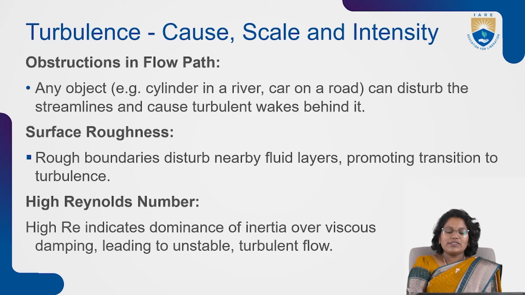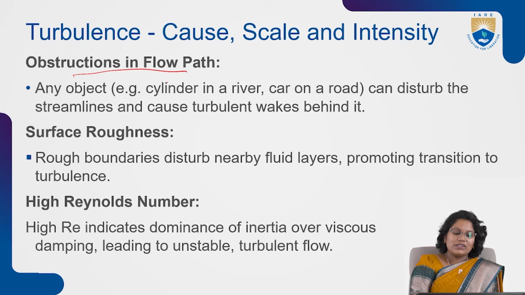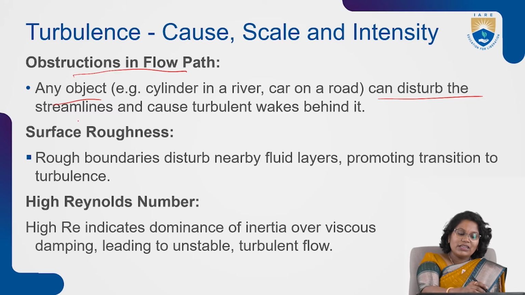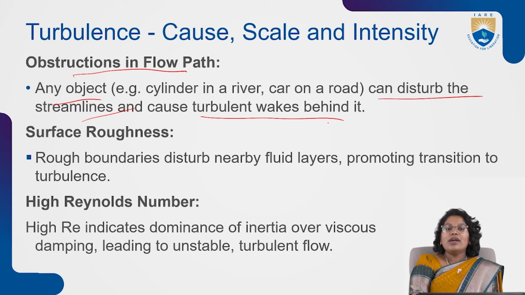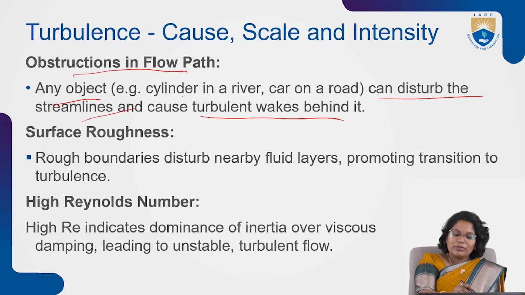Here, obstructions in flow paths. If there are any obstructions, we will also see some turbulence, right? Any object can disturb the streamlines and cause turbulent wakes behind it. Examples given: a cylinder in a river, a car on a road.